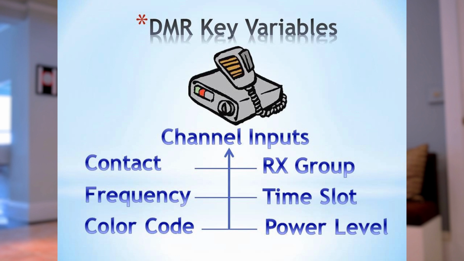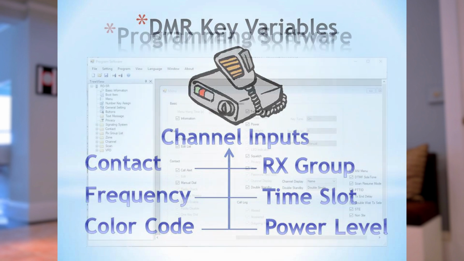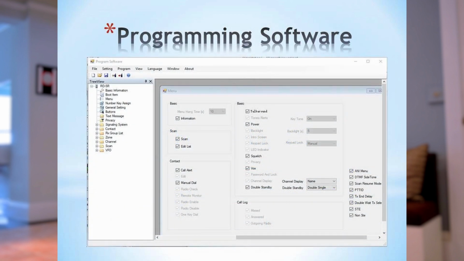The channel inputs then are scrolled through to direct your radio to contact the appropriate repeater and the appropriate talk group. This diagram shows a typical display for most programming software.